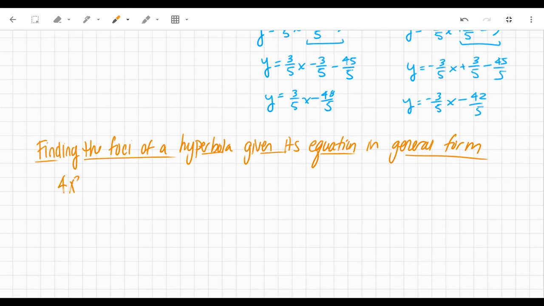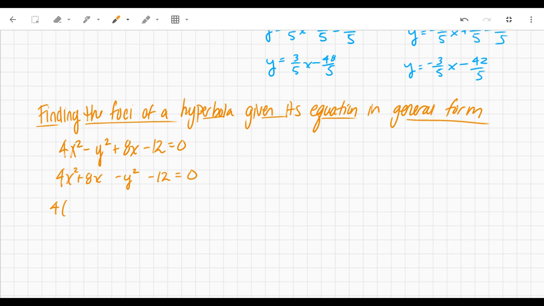So we'd have 4x squared minus y squared plus 8x minus 12 equals 0. Okay, so again, we're going to complete the square. And just like the previous example we did with ellipses, we don't have to worry about the y. So we would group 4x squared plus 8x minus y squared minus 12 equals 0.